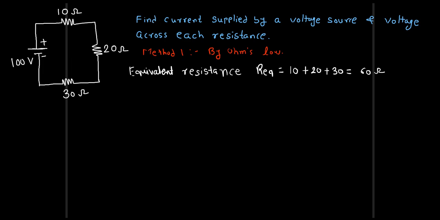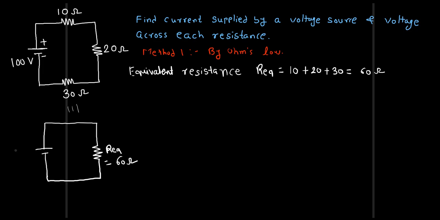Now we can redraw this figure by replacing these three resistors by equivalent resistance. So this voltage source as it is, we can replace these three resistors by a single resistance whose value is R equivalent, and its value we are getting as 60.